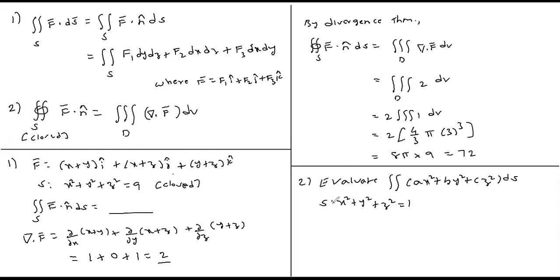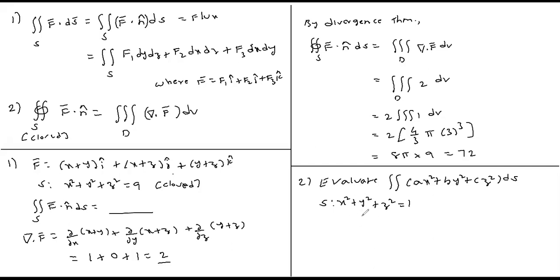Now we know a surface integral in the form of a flux is f bar dot n bar. F bar is a vector, n bar is a vector, f bar dot n bar is a scalar over a surface. Here, ax square plus by square plus cz square is completely a scalar. So if you can see it as f bar dot n bar, then you can apply the divergence theorem because it is a closed surface.